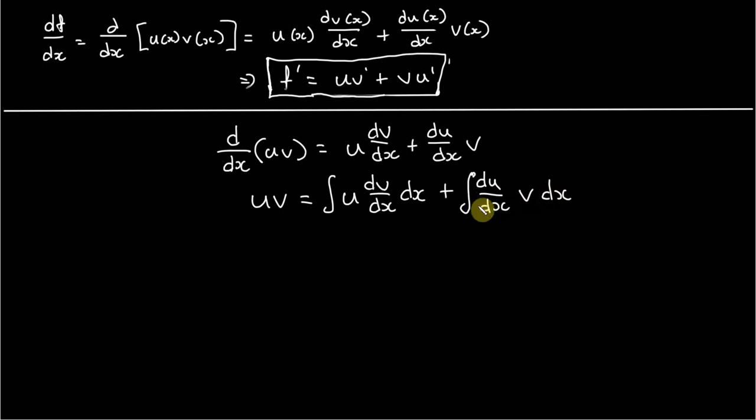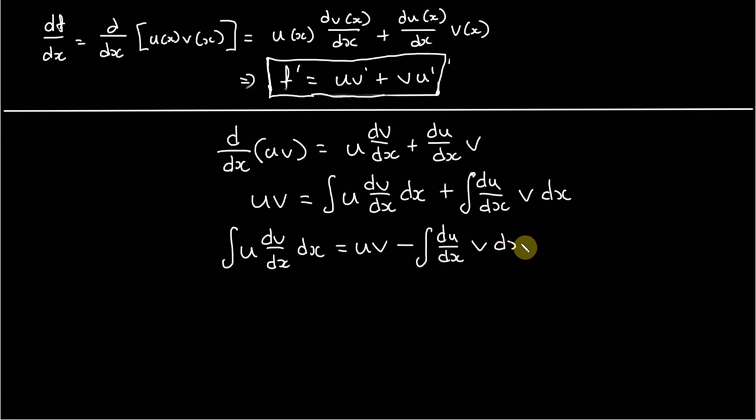We just want to subtract all of this on both sides, and what we end up getting is the integral of u times dv by dx with respect to x equals uv minus the integral of du by dx times v with respect to x. This is integration by parts.